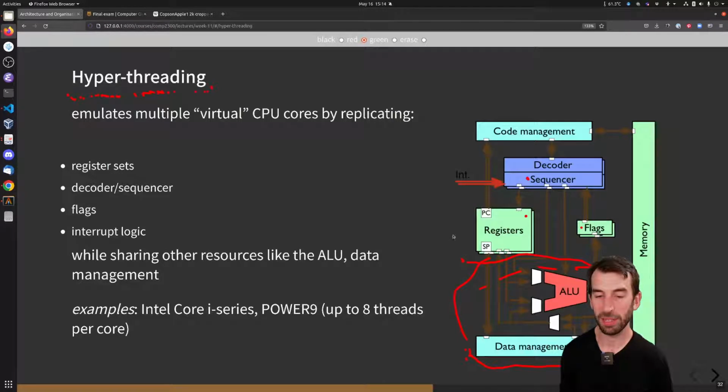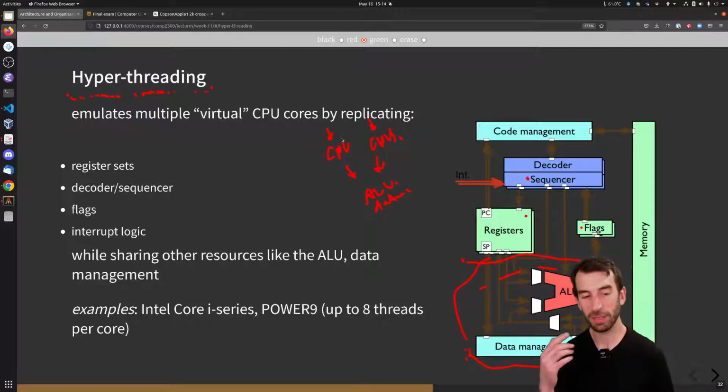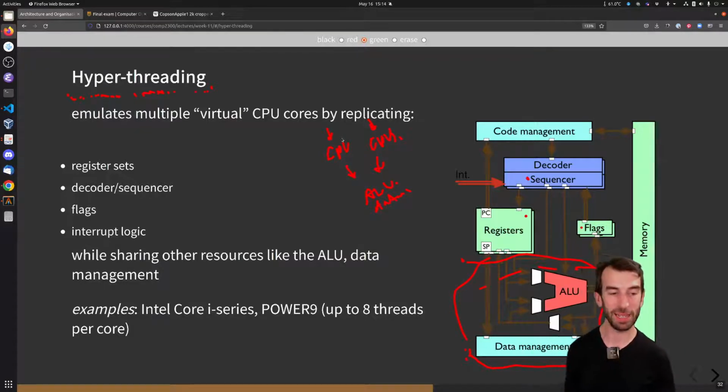And basically that means that you can have kind of two CPUs, but they're sharing the same ALU and data parts. So you could have one program running here, or one thread, as we talked about last week, and another one running here, sort of switching between them as needed.